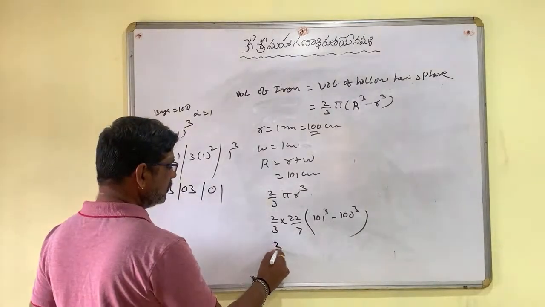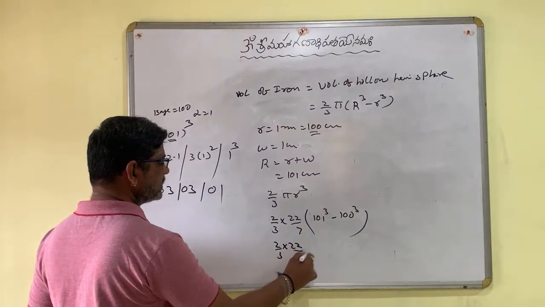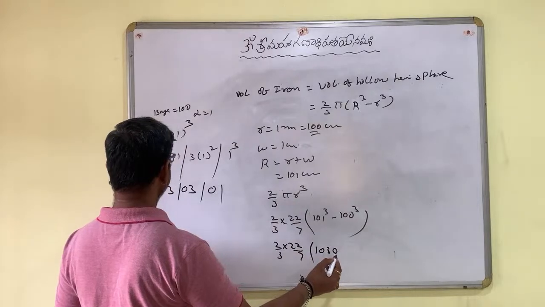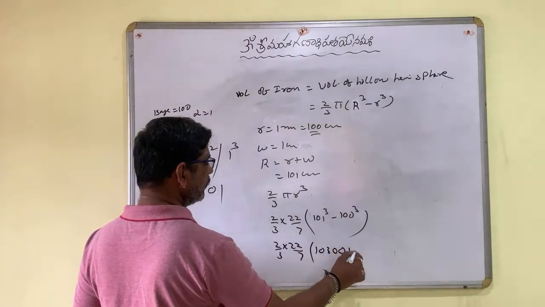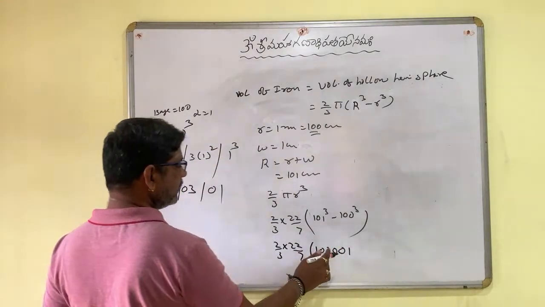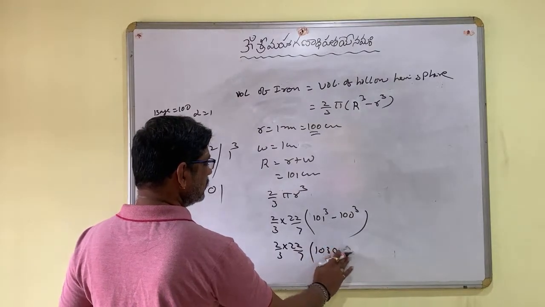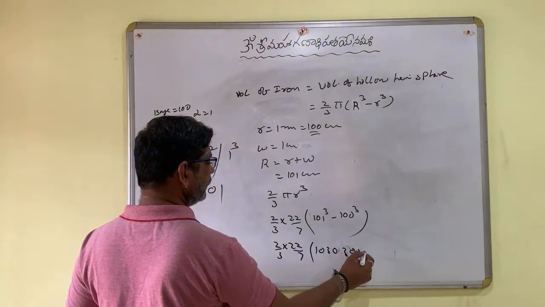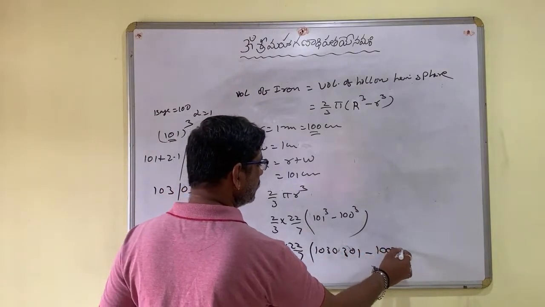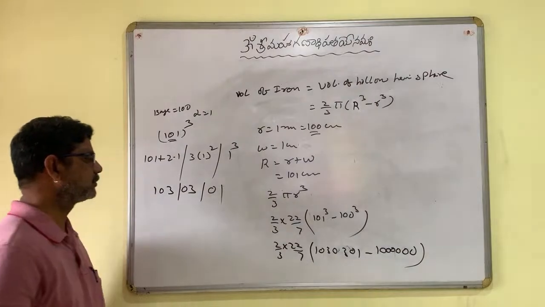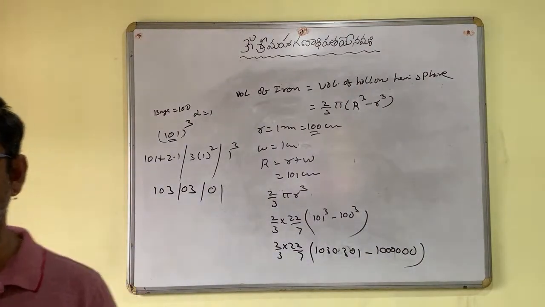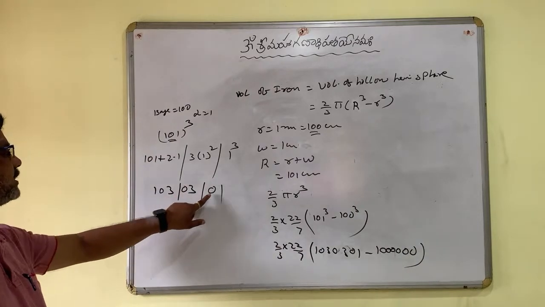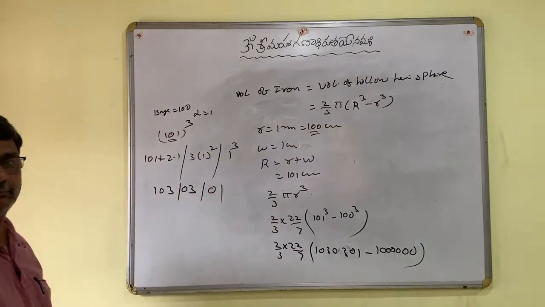So 2 by 3 into 22 by 7 into 1030301 minus 1 followed by 6 zeros. 101 cube is 1030301.